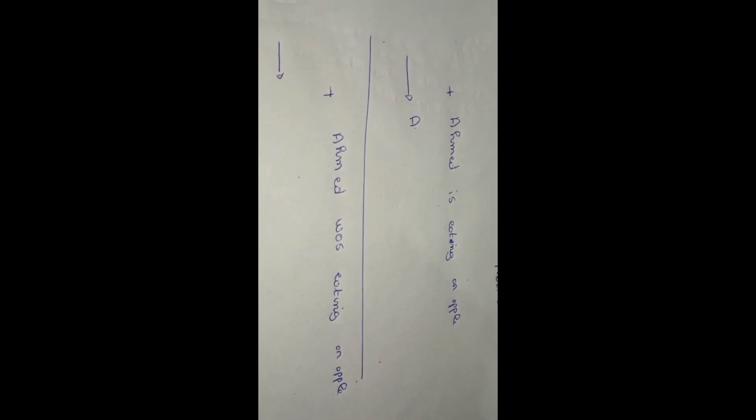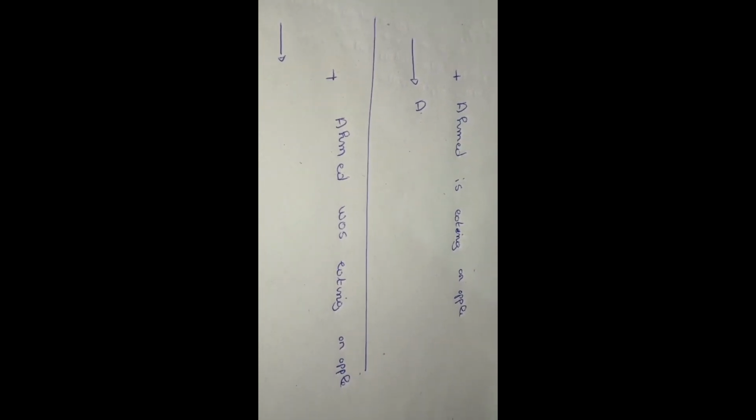So we have a little practice here to understand the active and the passive voice better. Here we have Ahmed is eating an apple. Before we do the transformation, we need to know the verb. Is eating is in the present continuous.